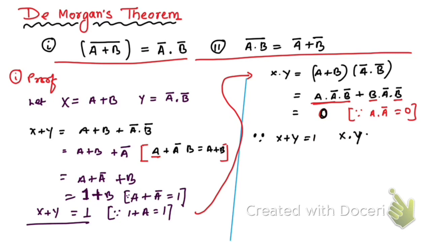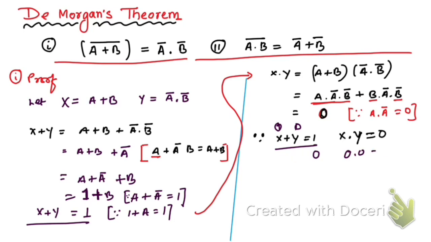This condition is possible only if, as I have already explained, if both are equal to 1, then you're going to have 1 here, but you are not going to get 0 here. That's going to be wrong. And if you put both equal to 0, then you're going to have 0 here, not 1, so this condition will not be satisfied.